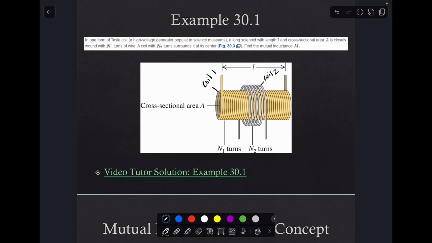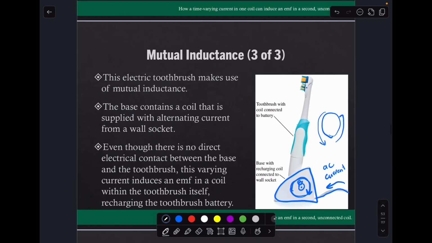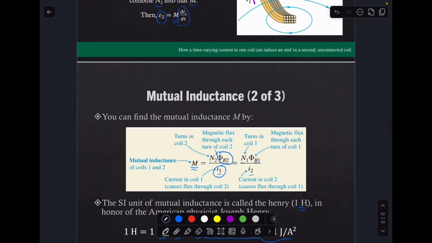And we're given the area of coil 2 and its length. The question is, what's the mutual inductance? What's that M value?